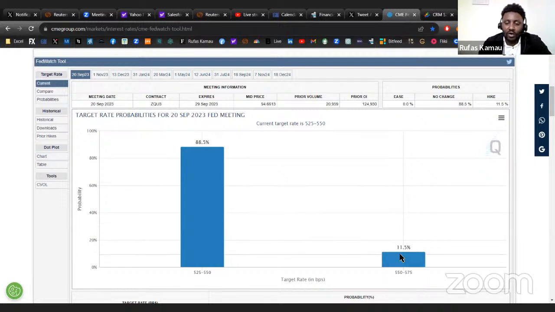Now you can see it's all the way down at 11.5% after the number of data points we have witnessed over the week since Tuesday. This implies that the probability of a rate hike is getting smaller and smaller, and the probability of holding interest rates is rising with every data point. If today we have more data points supporting a slowing US economy, then this probability could rise even higher.